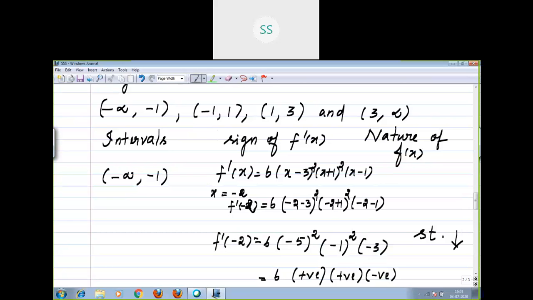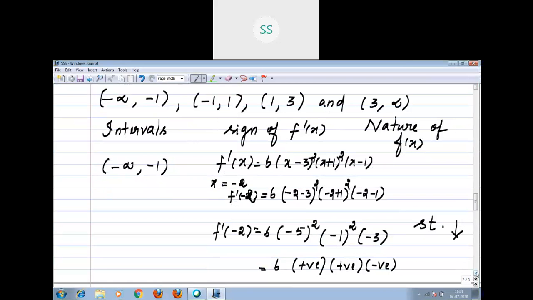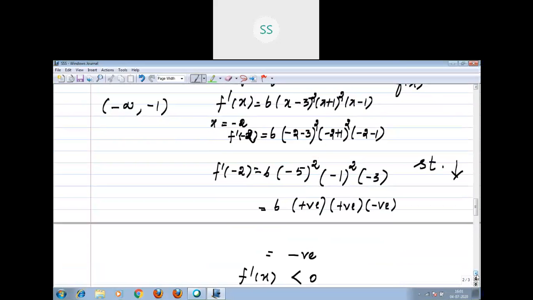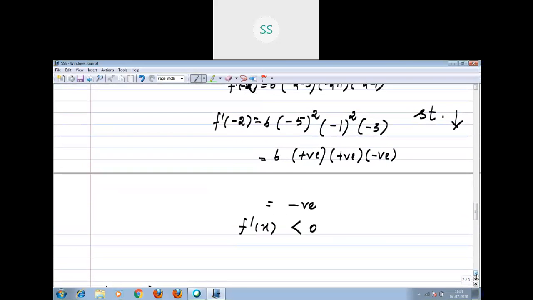Right? The next step you arrived, positive, positive, last one is negative. So you get the thing as negative. Everything is positive, but one is negative means the total value is negative, right? F dash of x is less than 0, therefore strictly decreasing.